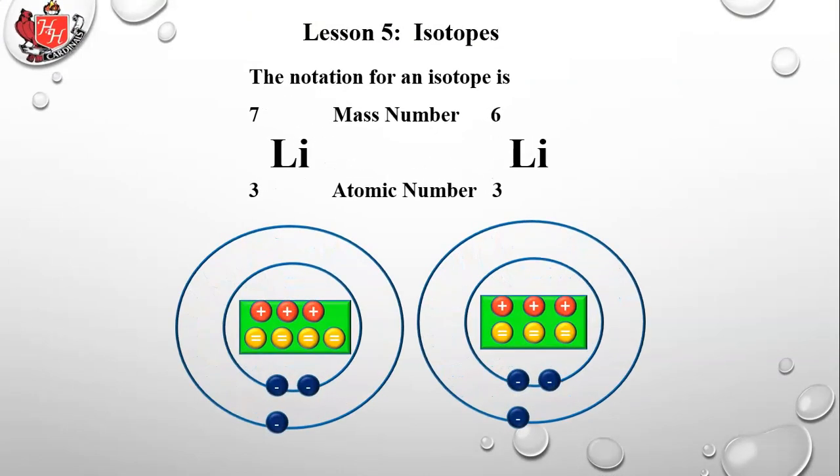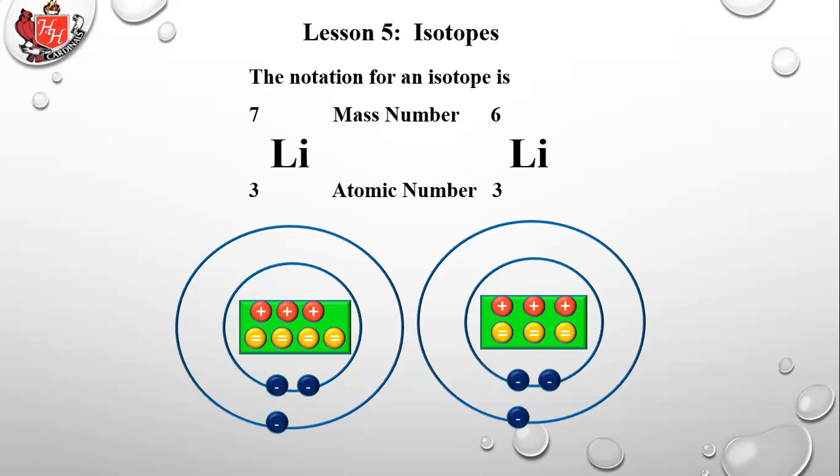So here's isotope notation. For the one on the left, you have Li. The number on the bottom is the Z number, or atomic number. That's the number of protons. That's what defines lithium. Lithium must have 3 protons, or it's not lithium, it's some other element. And then the number on the top is the total number of protons and neutrons added together.